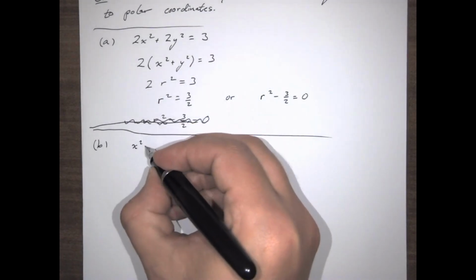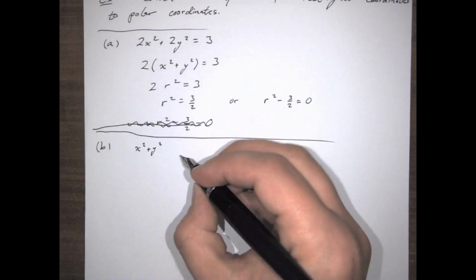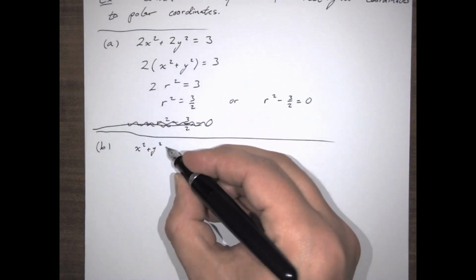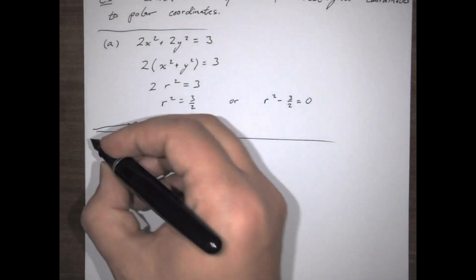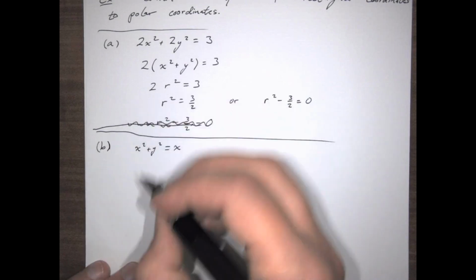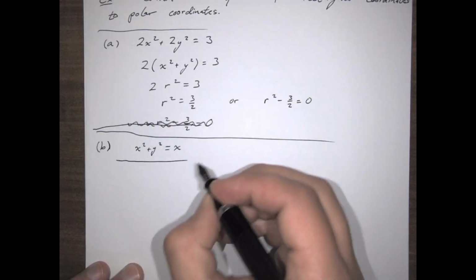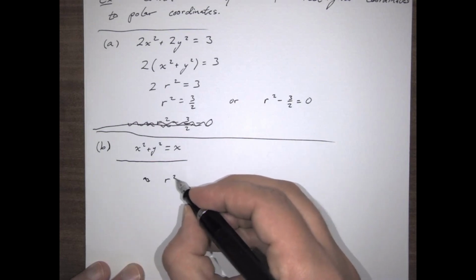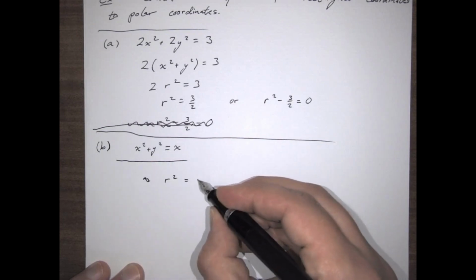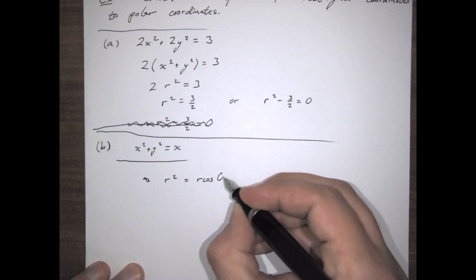So x squared plus y squared equals x. Once again here, we actually have a very convenient setup for just doing a straight up conversion from what used to be the rectangular coordinates into the polar coordinates. Right here, we can easily see that's just going to be r squared on the left, and that's going to equal r cosine theta on the right.